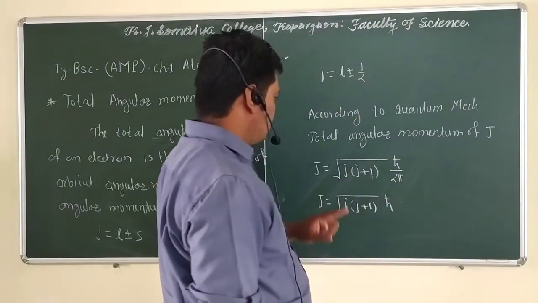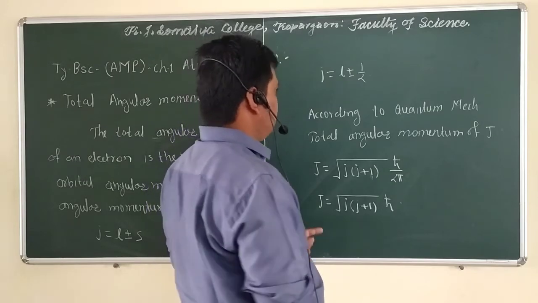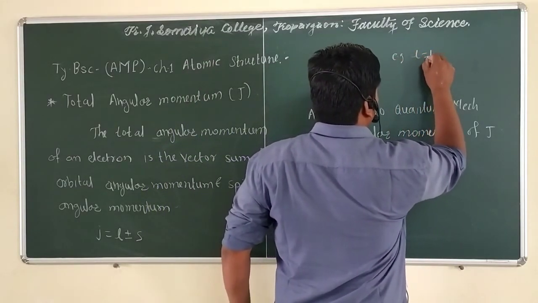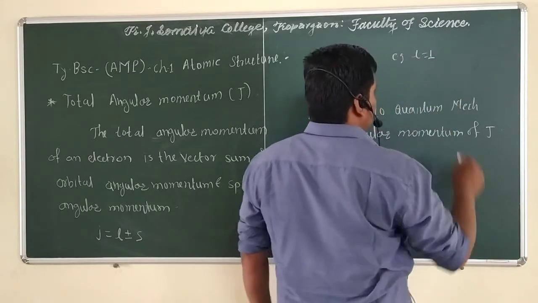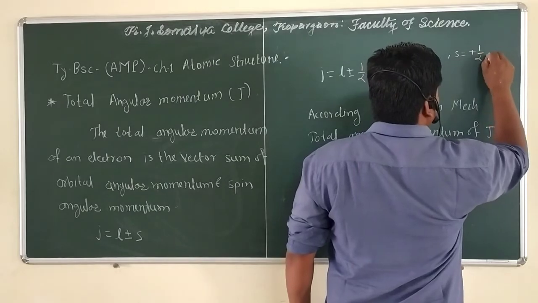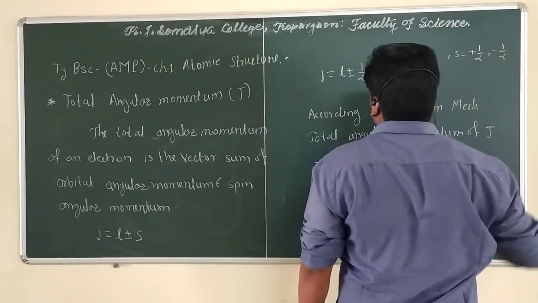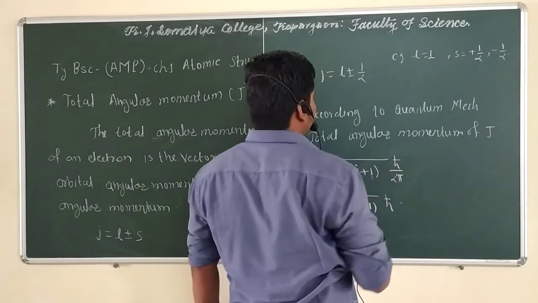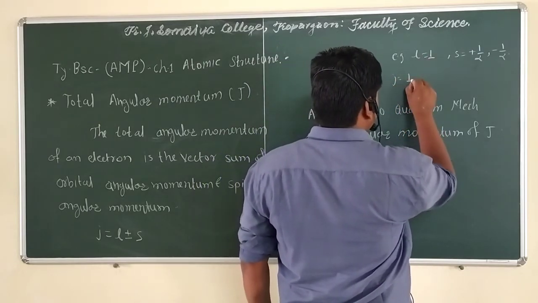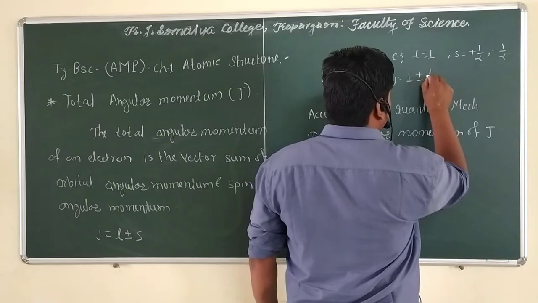For example, if l is equal to 1 and the s value is plus half and minus half, we want to calculate j equal to l plus or minus half.